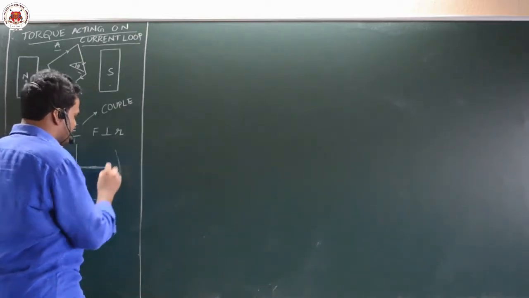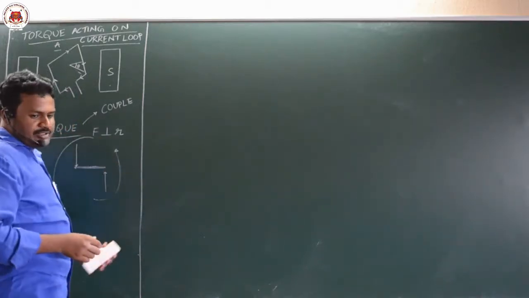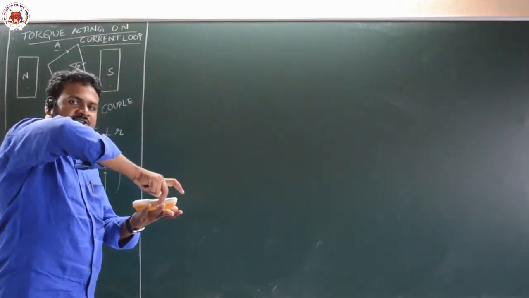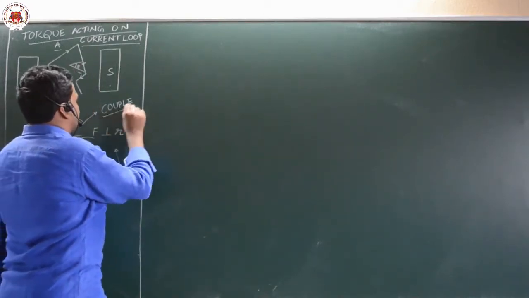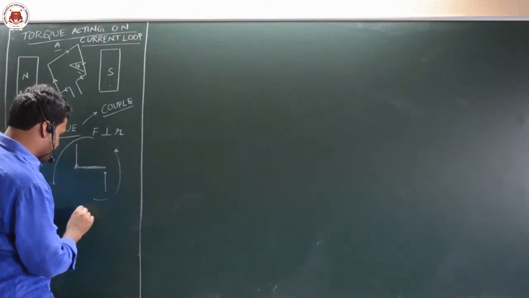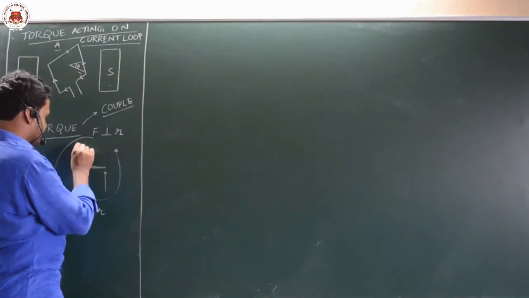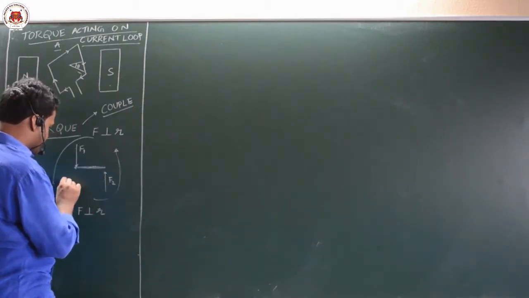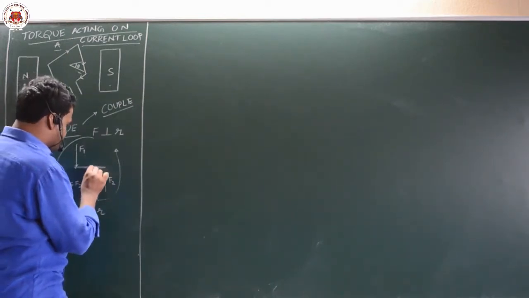Couple is equal to one of the forces into the perpendicular distance between the forces. This is F1, this is F2, F1 must be equal to F2, and this is the distance R.